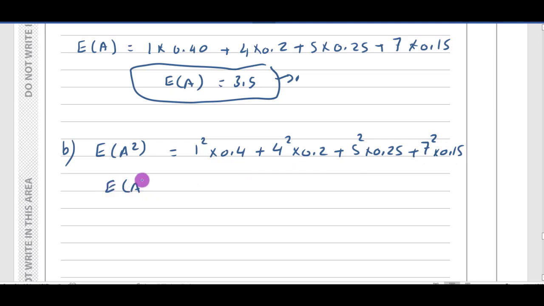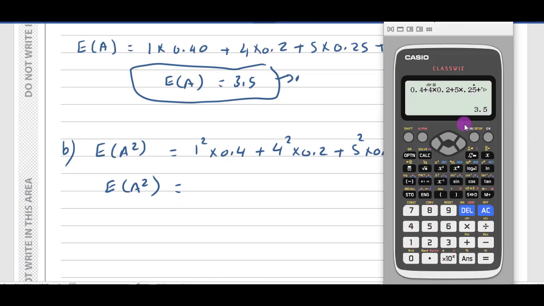So E of A squared is equal to, let us find this value. Let us go ahead and add a square here.